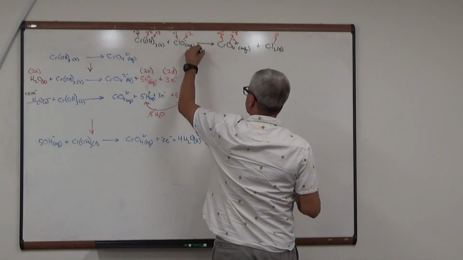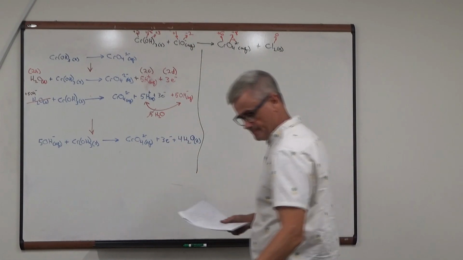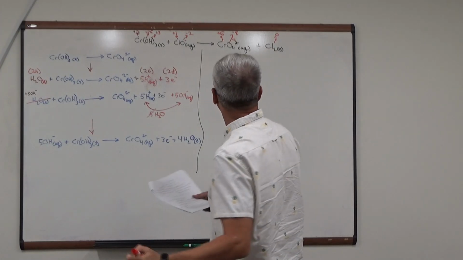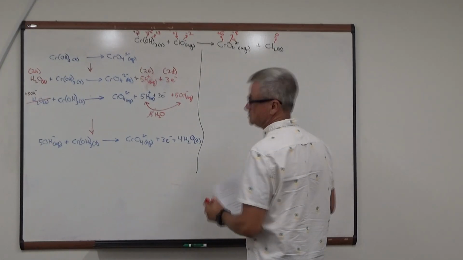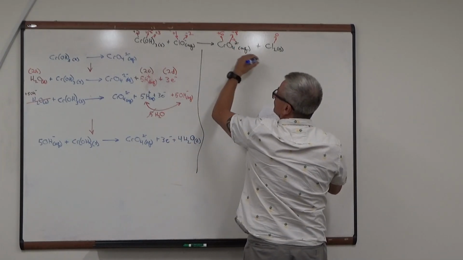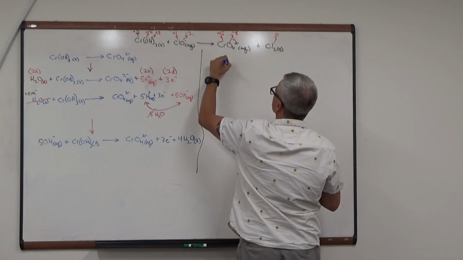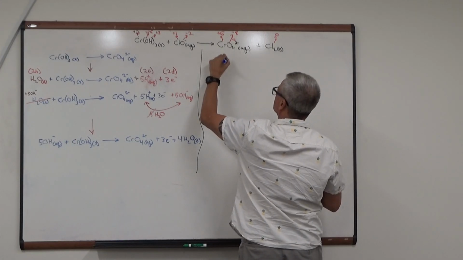All right, so now let's do the other half reaction. We'll sort of segregate space here. All right. And this is hypochlorite to chlorine.